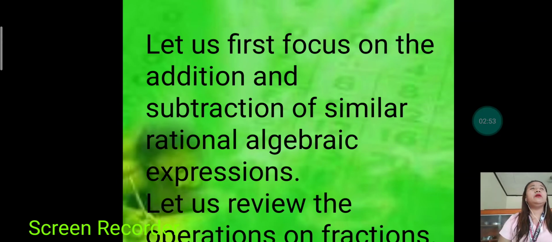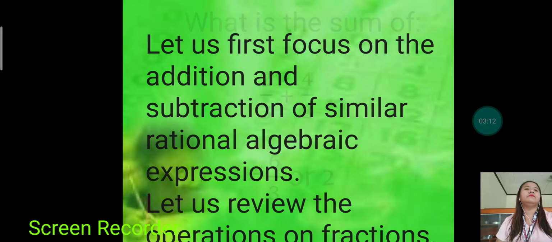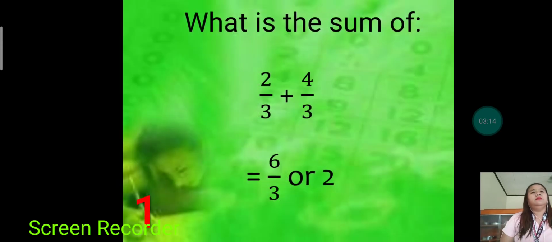Before we continue discussing the adding and subtracting of similar rational algebraic expressions, let us review first the operations on fractions, which is also applicable in this topic. So, what is the sum of 2/3 plus 4/3?